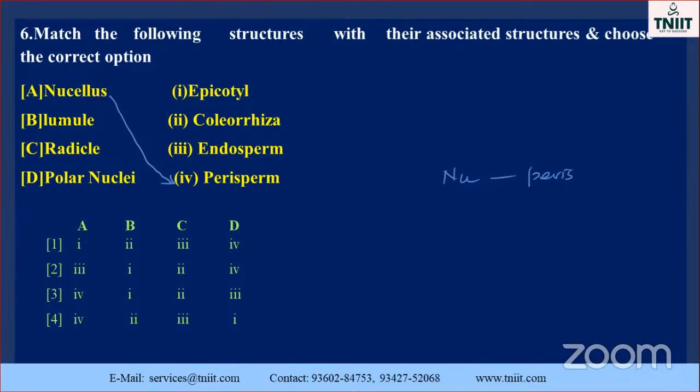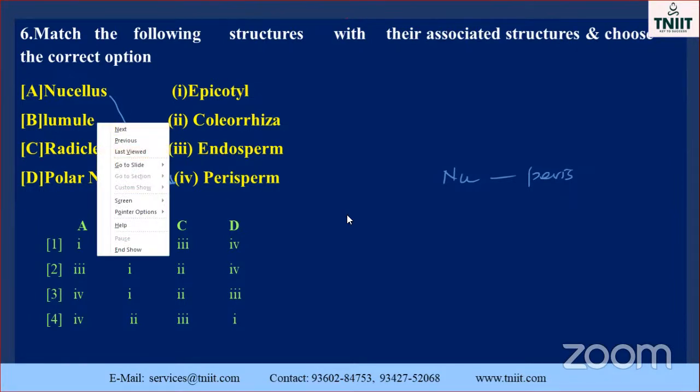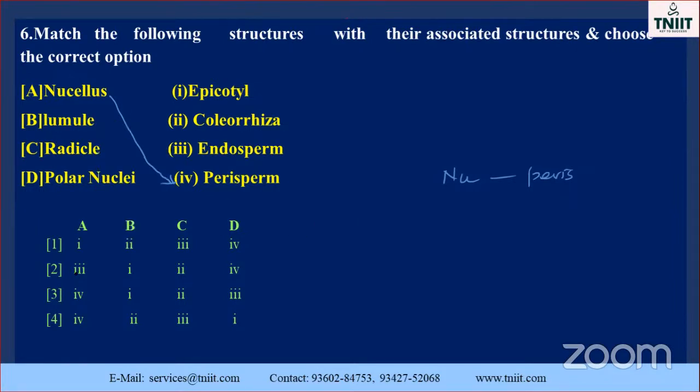And plumule. What is that? Plumule is the epicotyl. Take an example of an embryo like this. This one is called the plumule. It grows as the epicotyl, which produces a leaf.